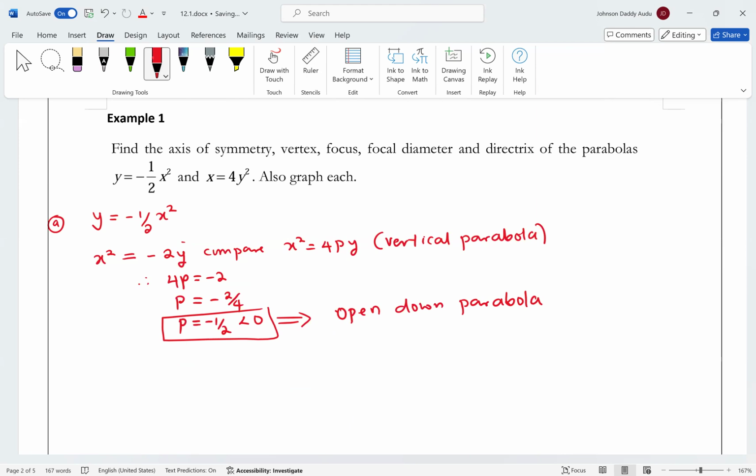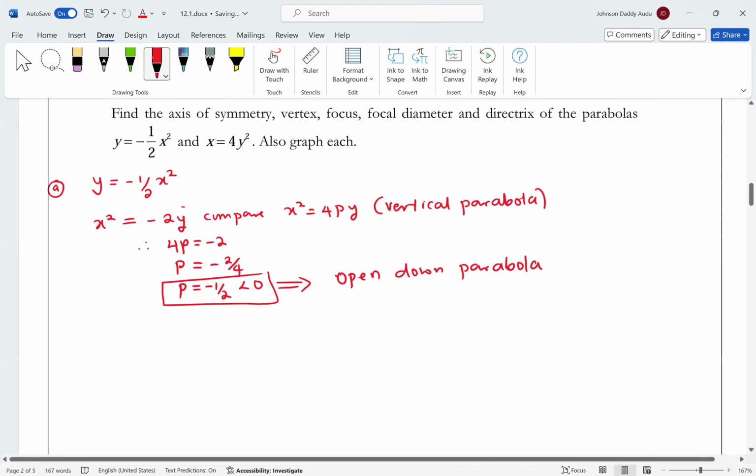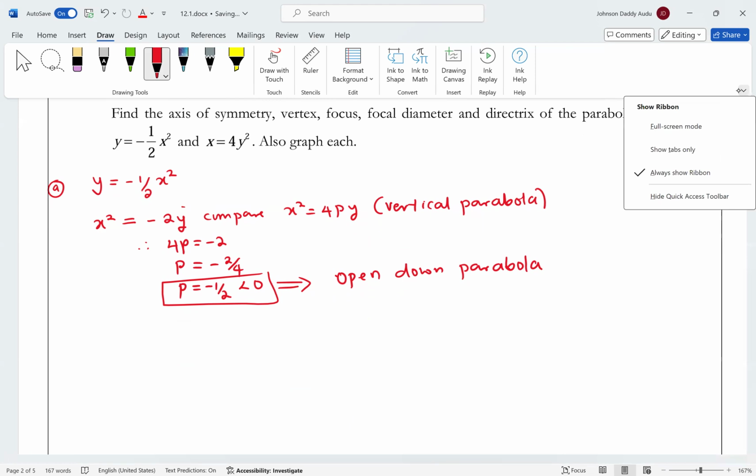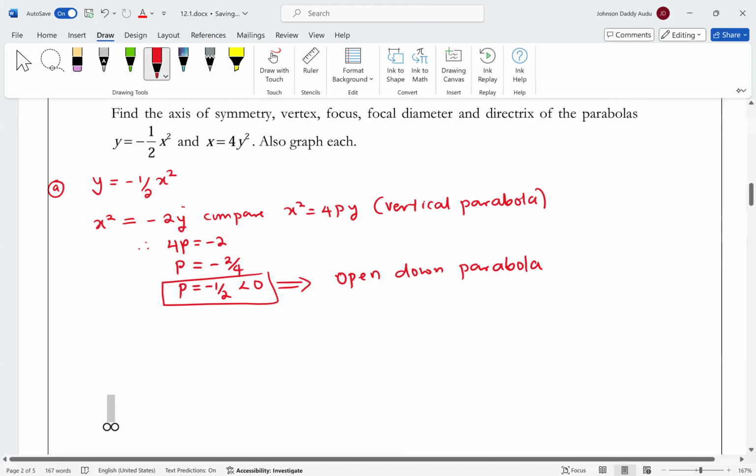All right. So now we want to find all of these, the vertex, the focus, and so on. Let's start with the axis of symmetry.